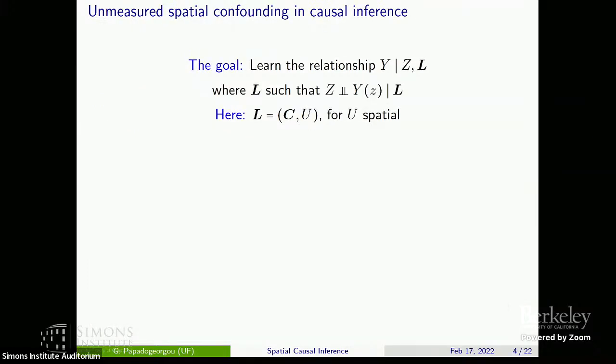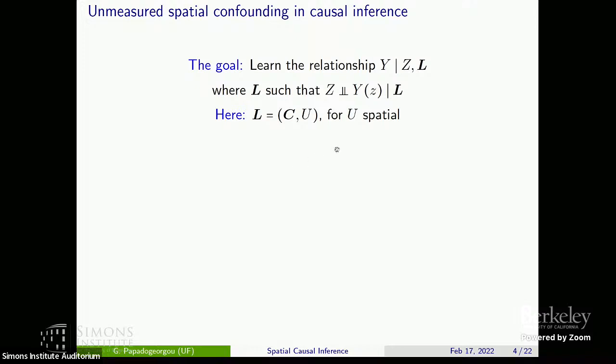In causal inference, though, we have a different notion of spatial confounding. For us, confounding essentially means that we have to adjust for some variables if we want to estimate a causal effect.